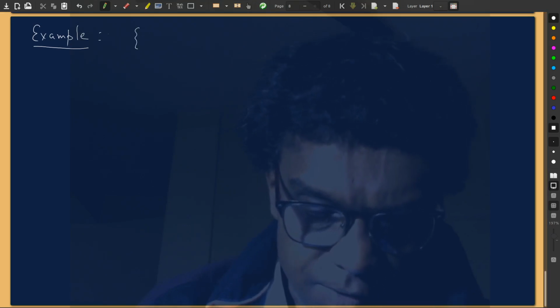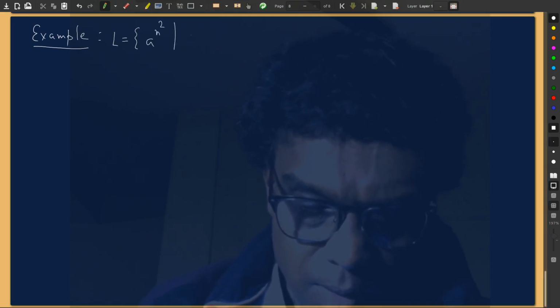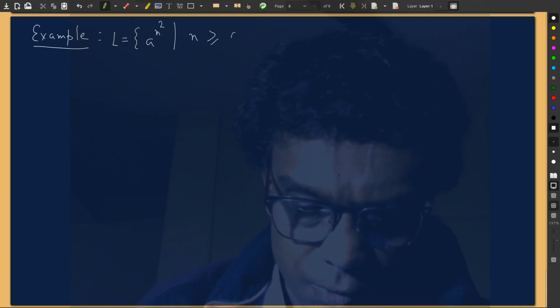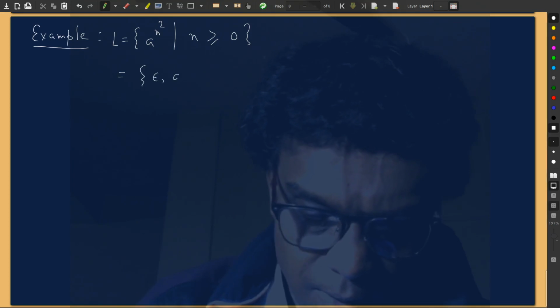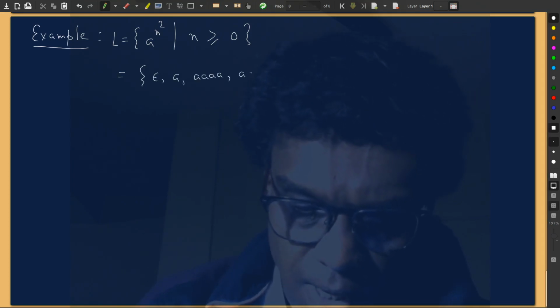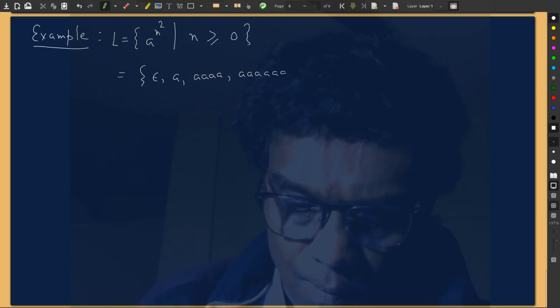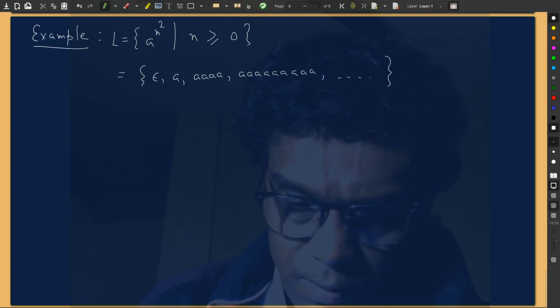Now my language is L, you may call it L2, a to the power n square, n greater than or equal to 0. So what does it mean? The empty string, a, then 2 squared is 4 a's, 9 a's, then 16 a's, and so on.